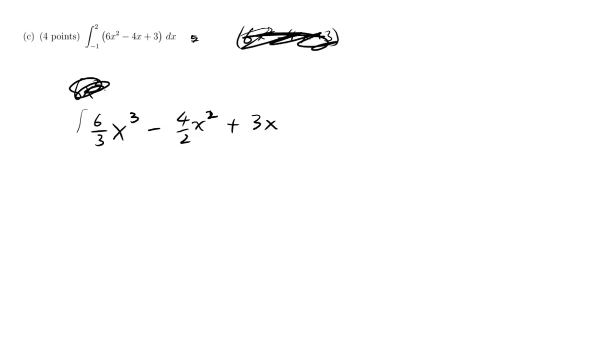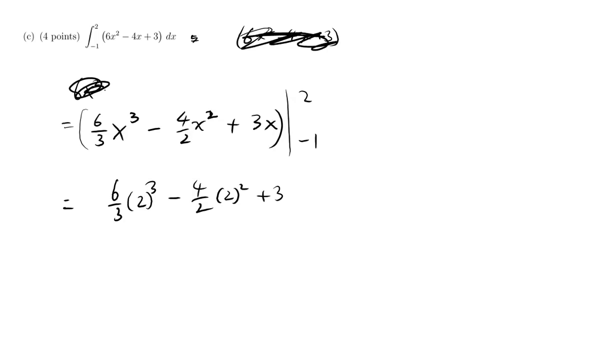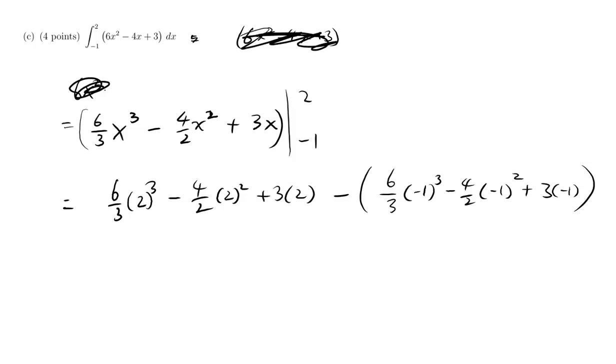So once you found the antiderivative, then the definite integral says you have to plug in the endpoints and subtract. Okay, so 2 goes in here, so 6 over 3, 2 cubed, minus 4 over 2, 2 squared, plus 3 times 2, minus 6 over 3, negative 1 cubed, minus 4 over 2, negative 1 squared, plus 3 times negative 1.